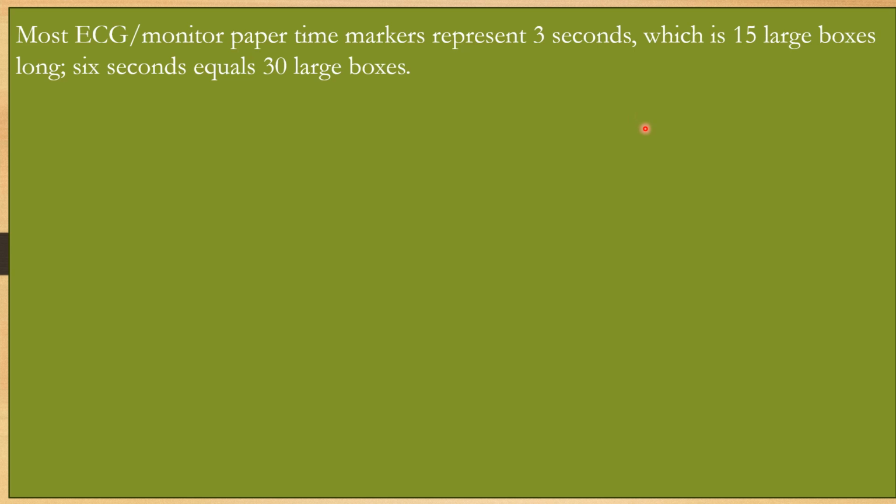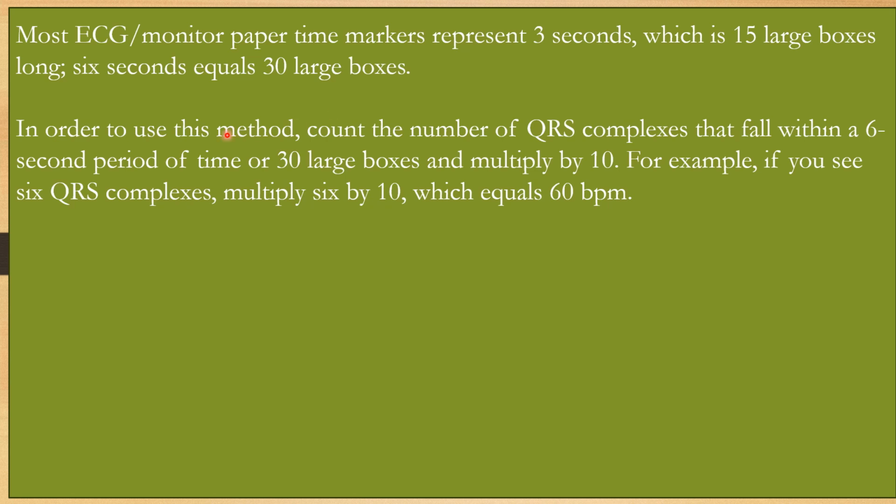And 3 seconds is equal to 15 large boxes, and mostly we have to check for 6 seconds, that is equal to 30 large boxes. In order to use this method of 30 large boxes, count the number of QRS complexes that fall within a 6-second period of time, or 30 large boxes, and multiply it by 10.